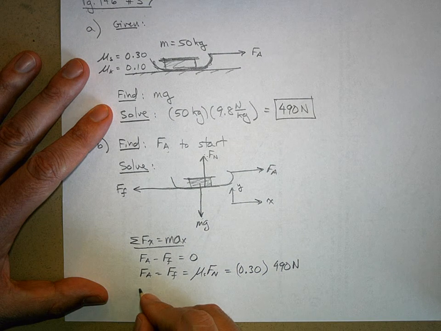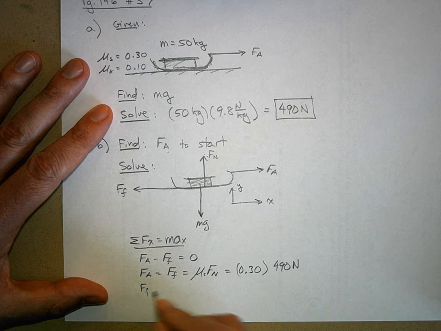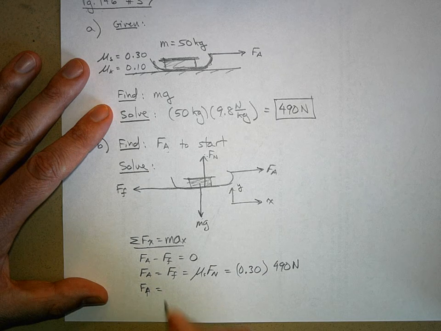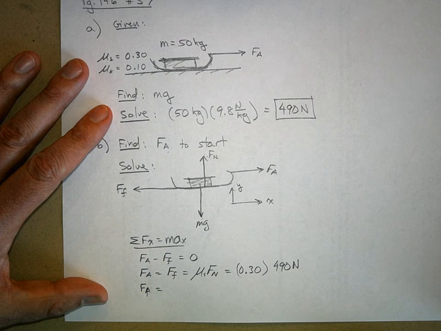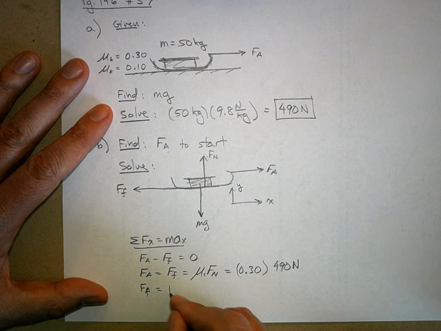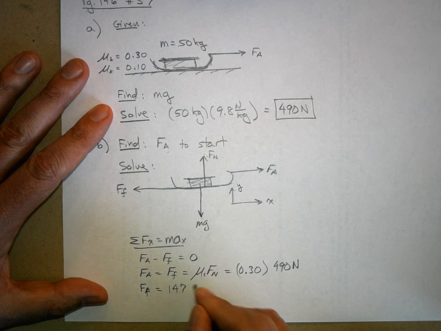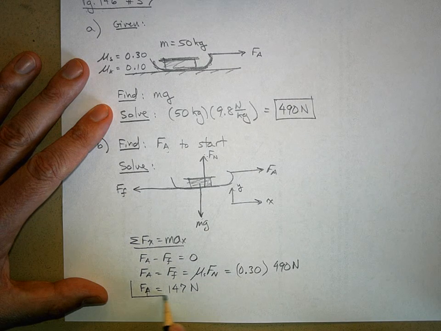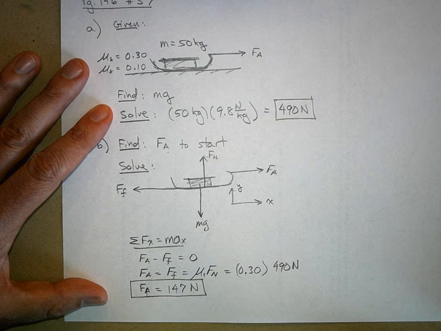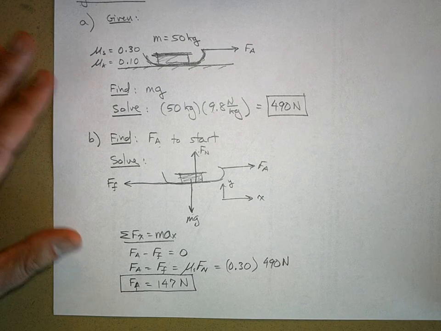So the applied force is equal to 490 times 0.3. And that's 147. And that's my answer to part B. Okay.